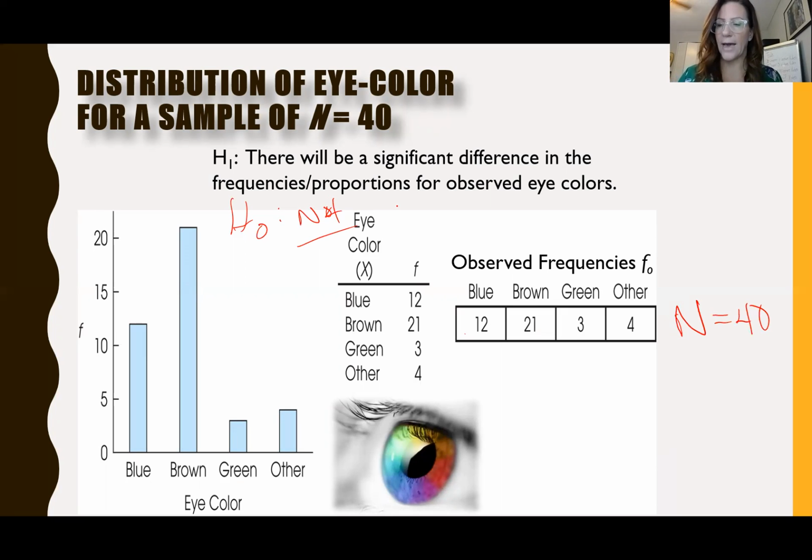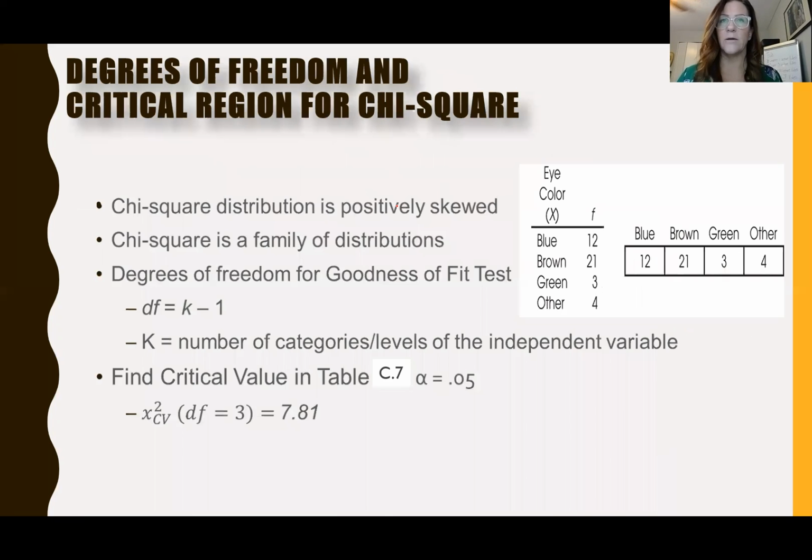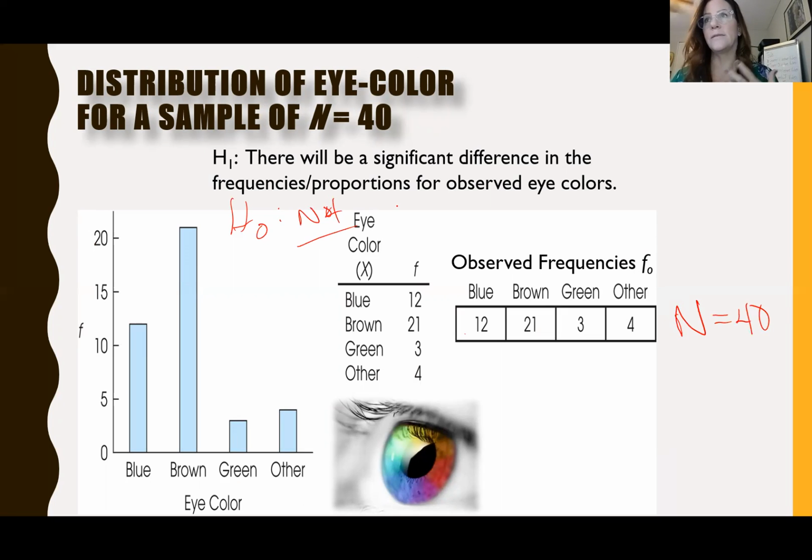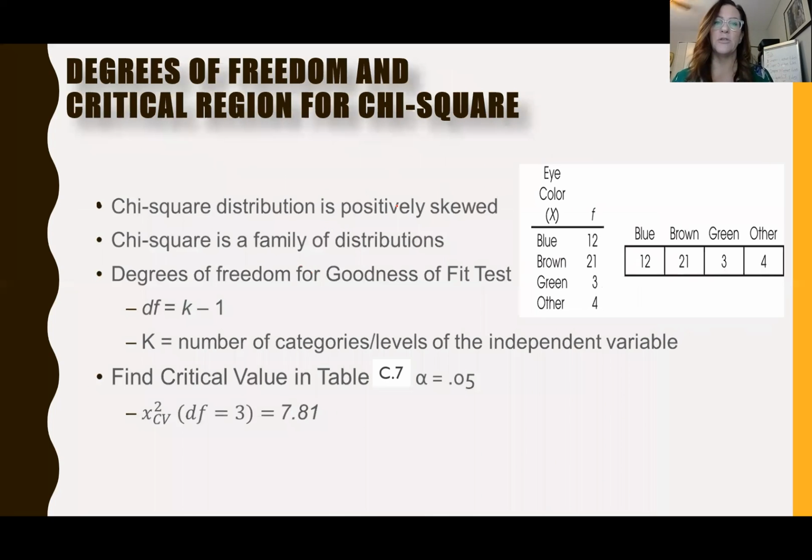But before we do that, let's look at how we set up our criteria, which is step 2. So step 1 is the hypotheses, the null and the alternative hypotheses. And then step 2 is the critical value. The critical value is found using degrees of freedom, but degrees of freedom is calculated by categories now. So it's K minus 1.